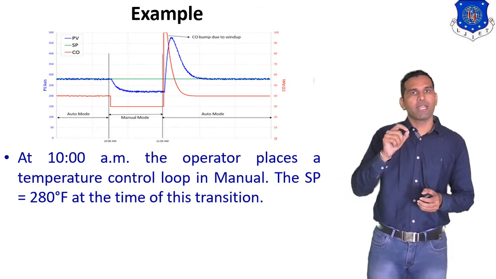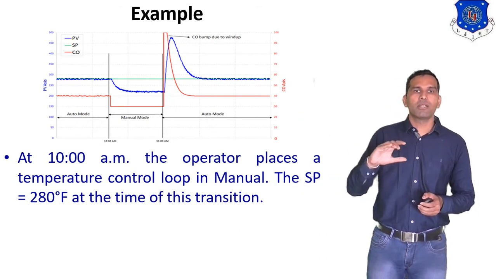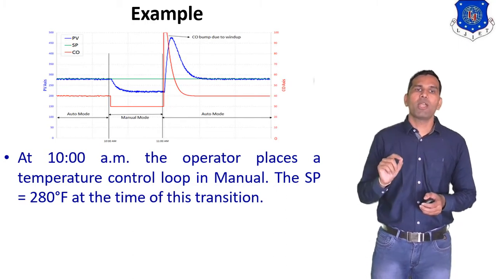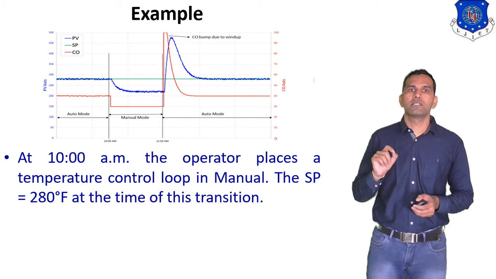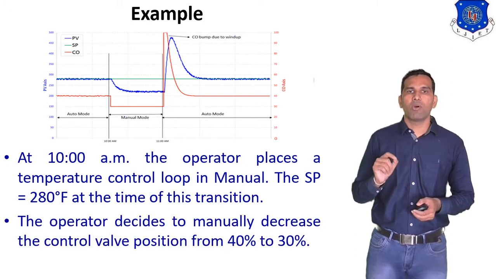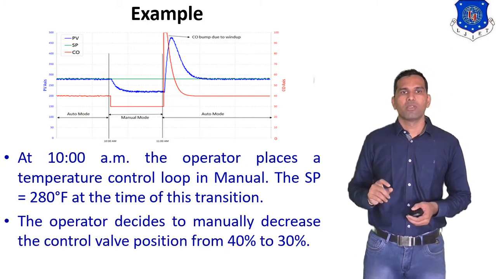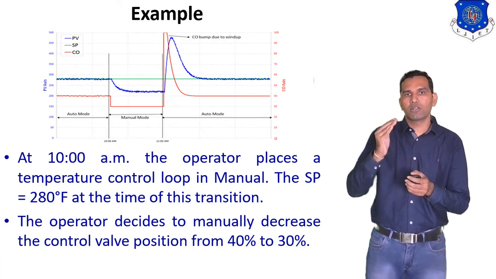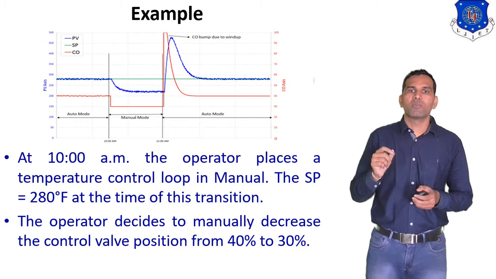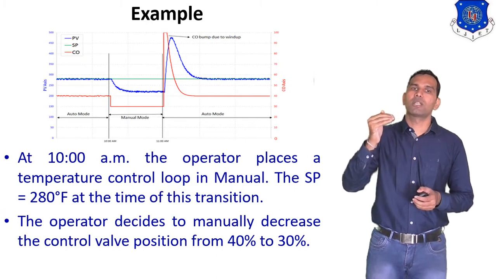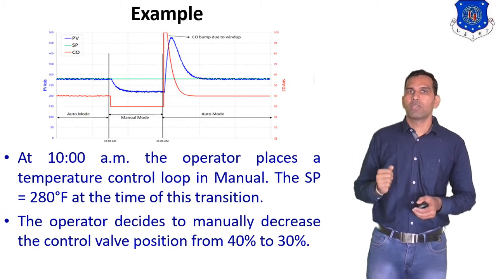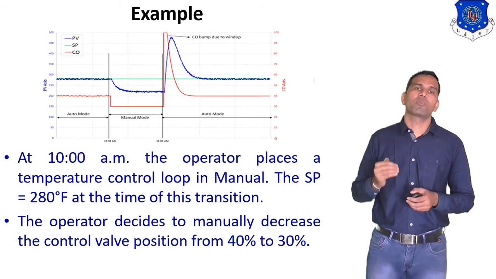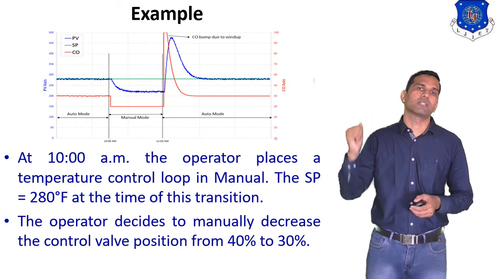The set point is 280 Fahrenheit at the time of this transition. The operator decides to manually decrease the controller valve position from 40% to 30%. So here the operator is changing the valve position from 40% to 30%.